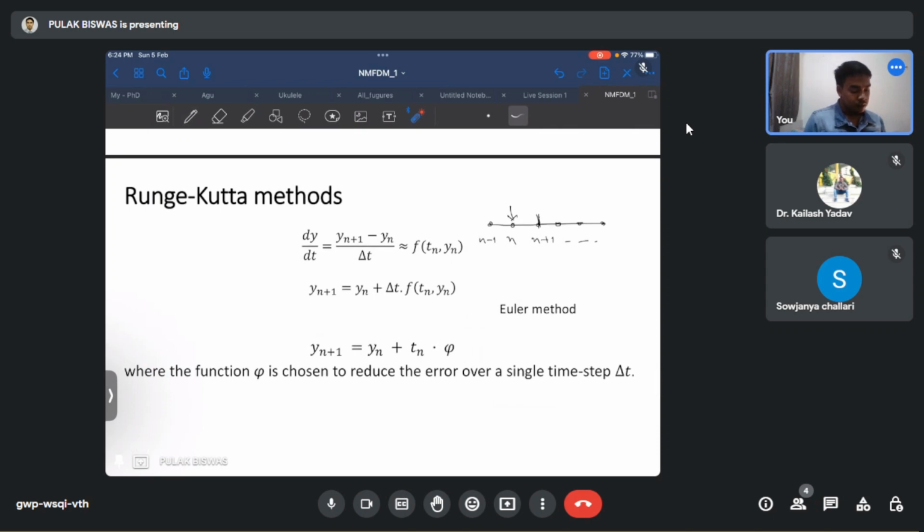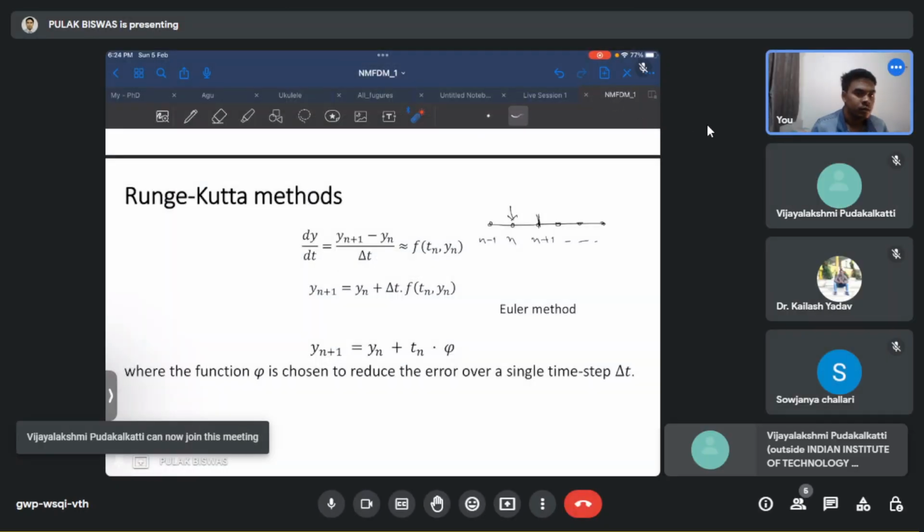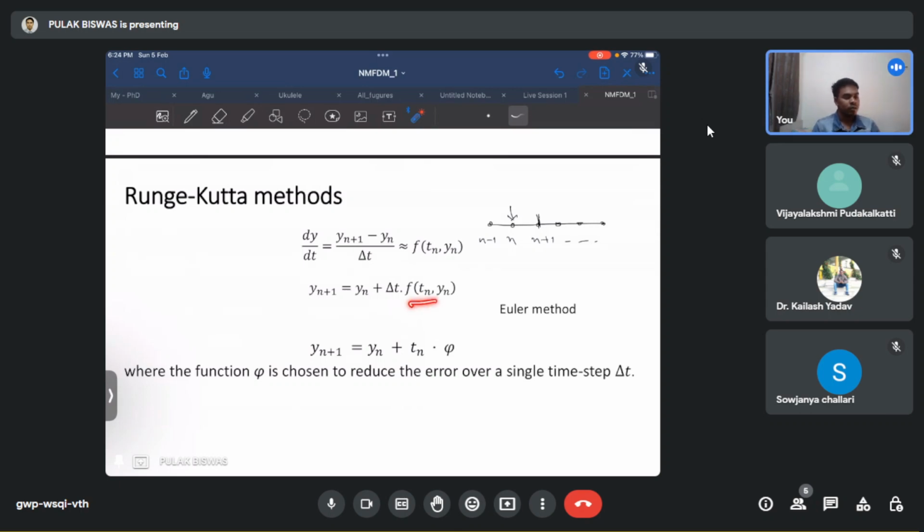Now, if we replace this function with some generalized function phi, then we can reduce the error somehow. We are approximating this definition. So if instead of f we use some generalized functions, then we can reduce the error.